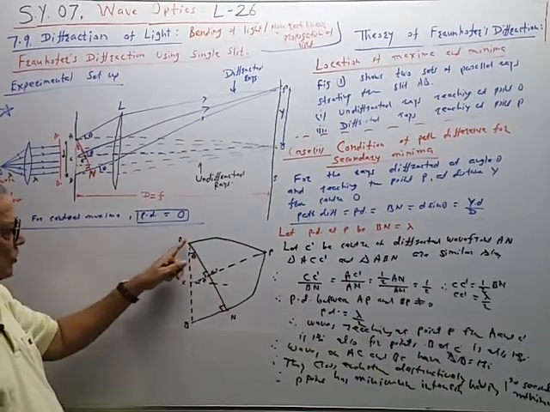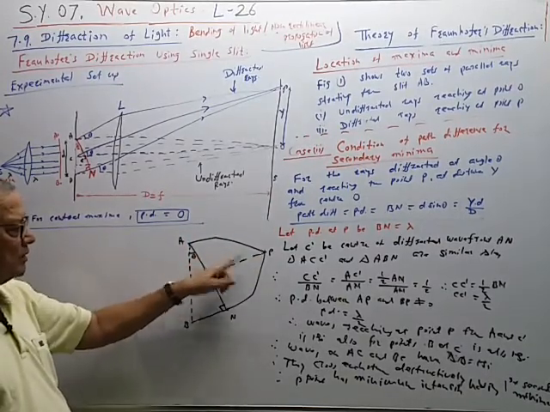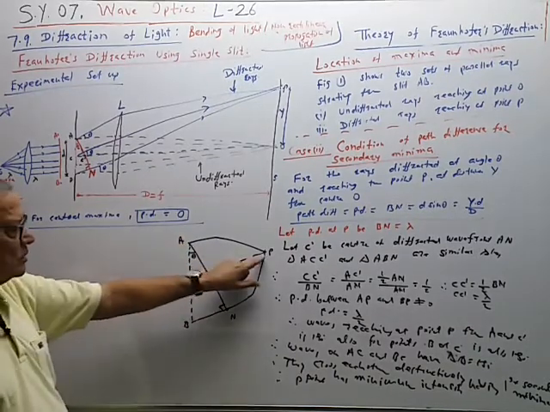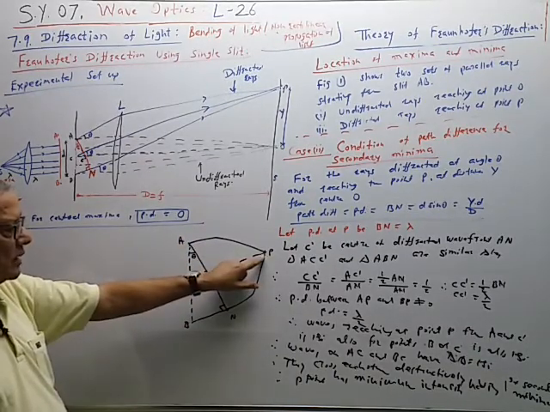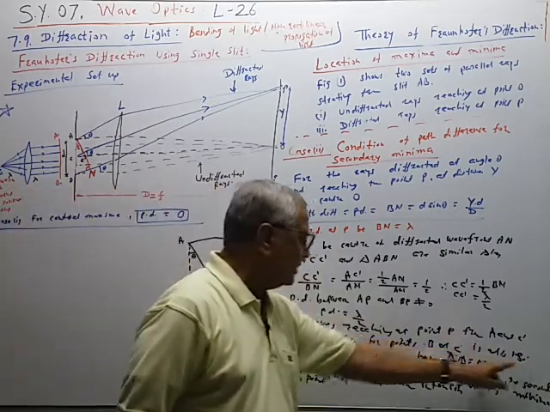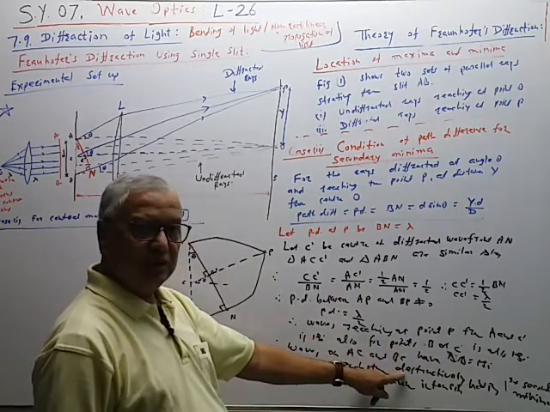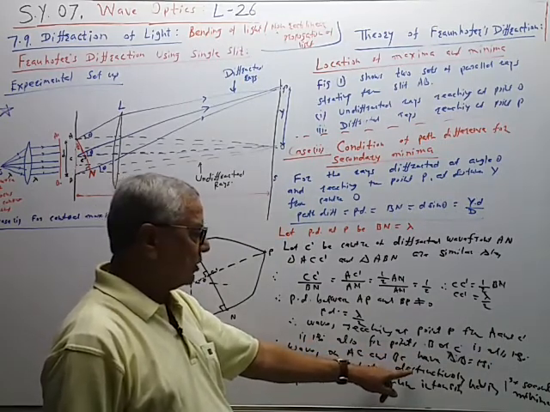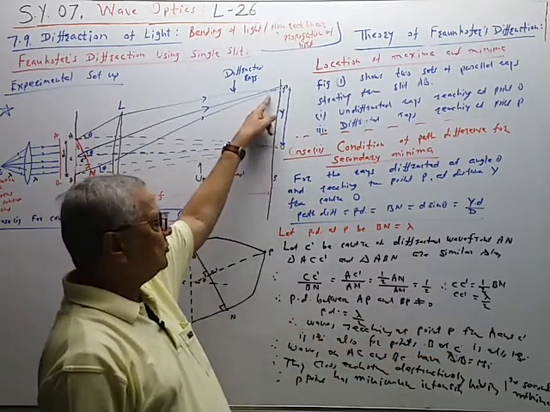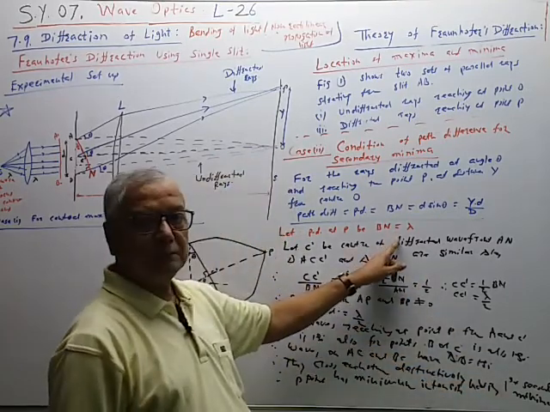Therefore, the waves from A and C arrive at point P having phase difference 180 degree. So waves from AC and BC cross each other at point P 180 degree apart. And therefore, phase difference is 180 degree. They cross each other destructively out of phase, and therefore for destructive interference we get the minima. So at point P we will observe the first secondary minima when the path difference is lambda.